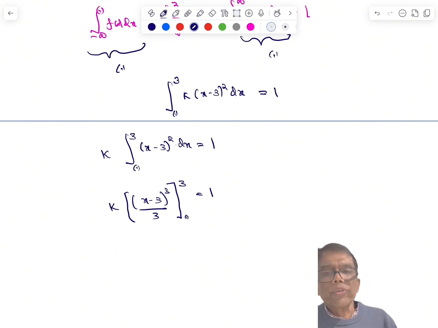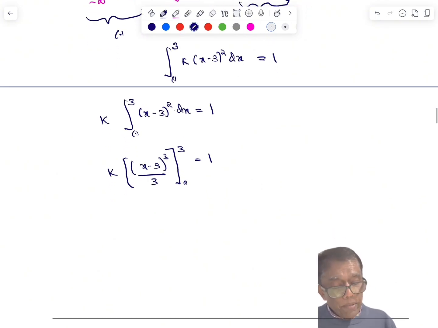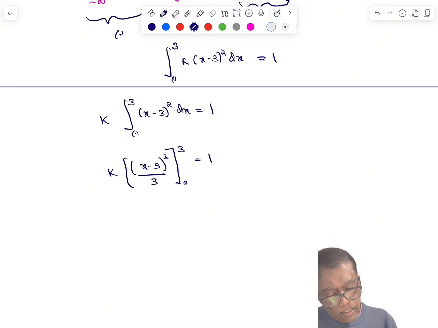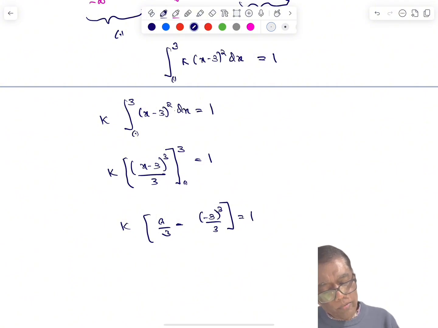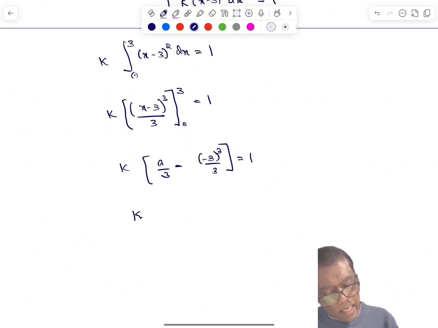Now we have to substitute the limits. K times the upper limit 3 gives 0, 0 divided by 3, minus the lower limit, negative 3 to the power of 3 over 3, is equal to 1. We know that k times 27 over 3 is equal to 1.